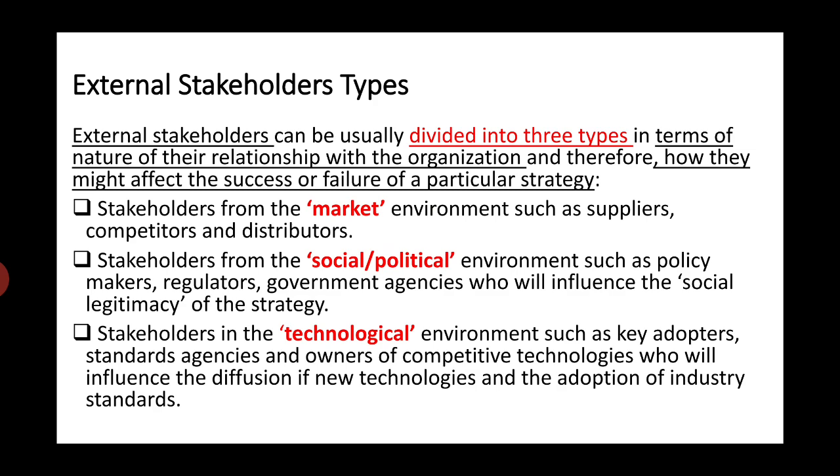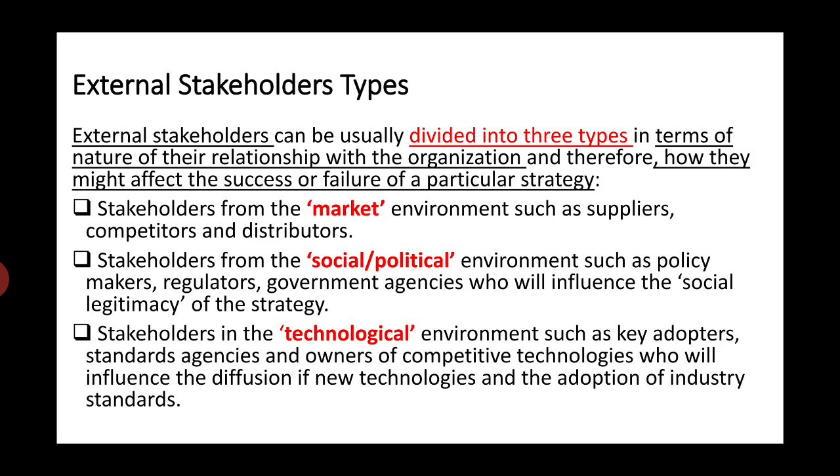So therefore we are saying policymakers, regulators, government agencies who have direct influence on the social or legal legitimacy of the organizations, meaning legal effect on the society. So legitimacy means the thing that has legal effect on the society.